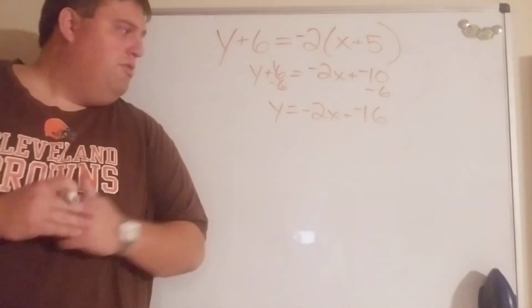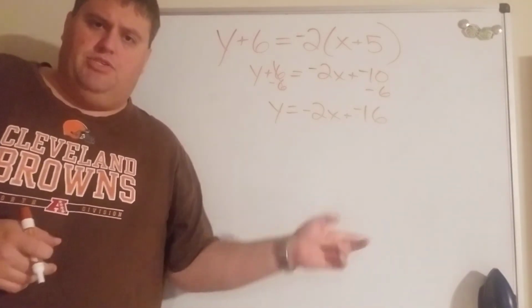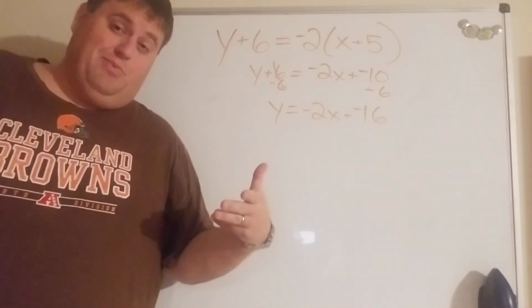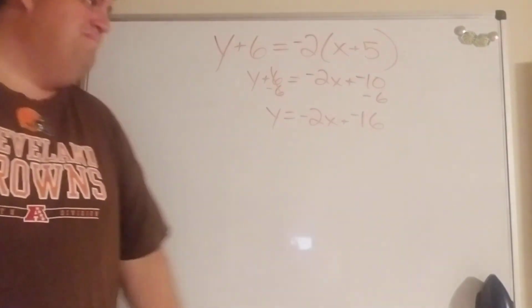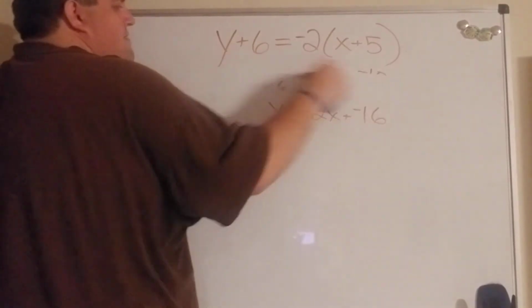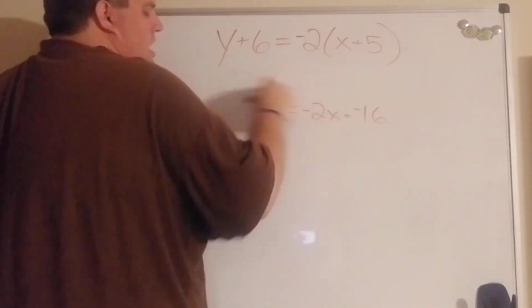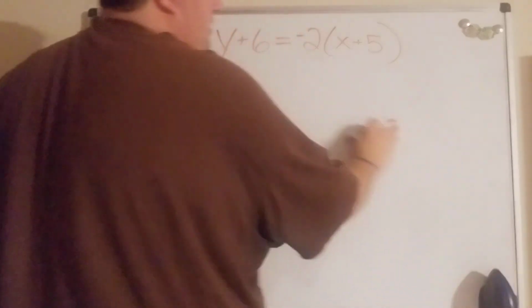And then you can see that your y-intercept's negative 16, and you go down 2 over 1. To be honest with you, if I was in your shoes, that's probably what I would do. But we don't necessarily need to do that. We have everything that we need because we can just use the point they give us to start from.